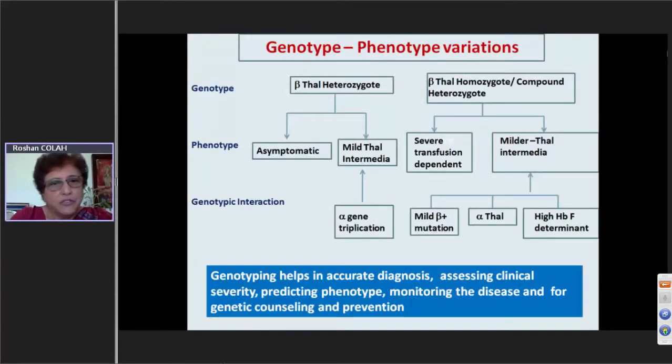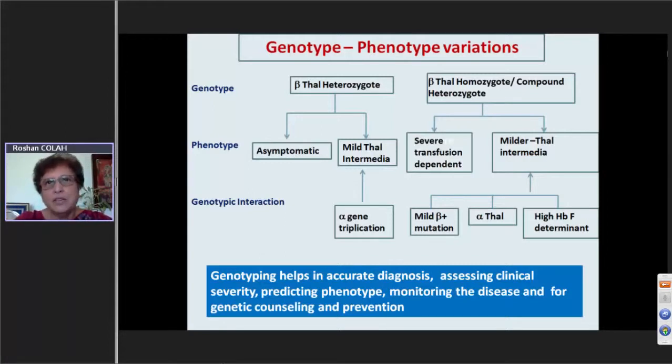A beta thalassemia heterozygote at most times is asymptomatic, but could present sometimes as a mild thalassemia intermedia, and this often happens if you have additional alpha genes, that is, triplicated alpha genes. As far as a homozygote or a compound heterozygote goes, almost 85–90% of them have a severe transfusion-dependent disorder, but you could still have about 15% who may be milder.